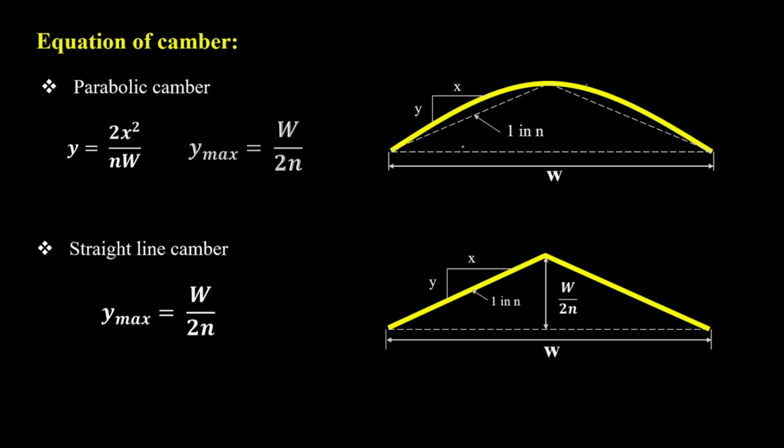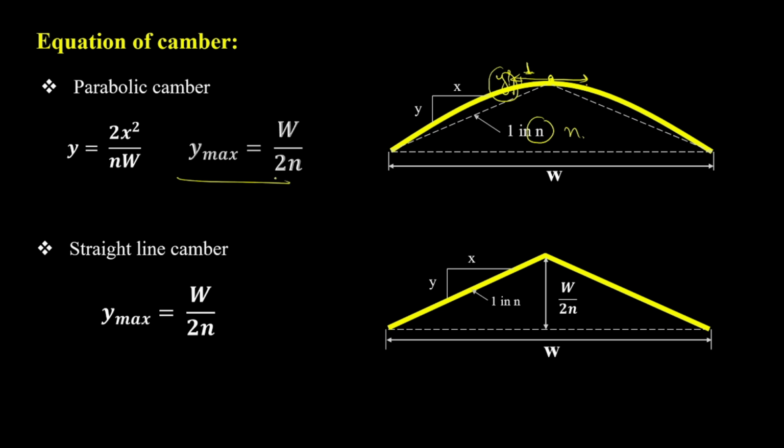So let's try to understand this. Suppose this is the peak point of the road. If we move 1 unit either left or right, what will be the change in this y, right? So this y is what n represents here.